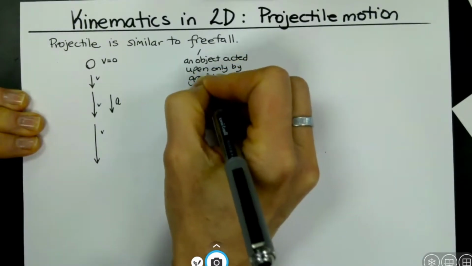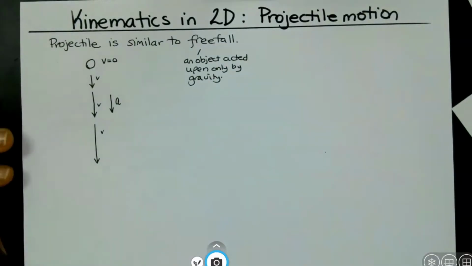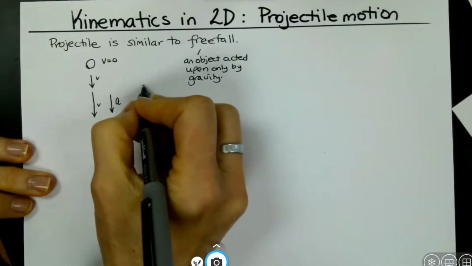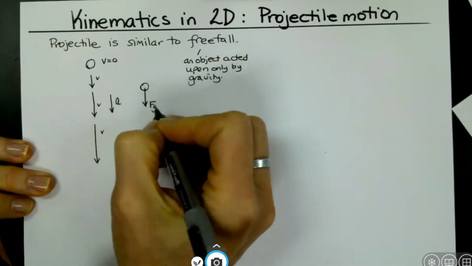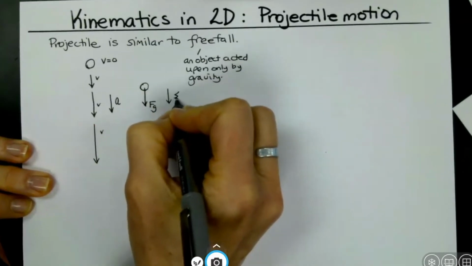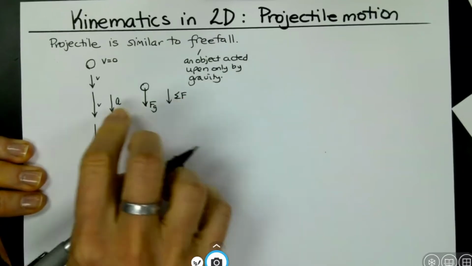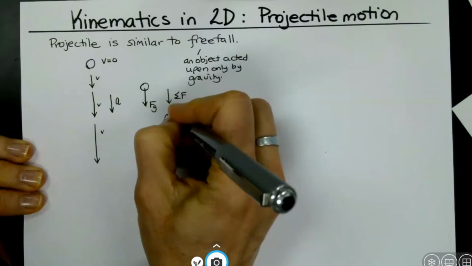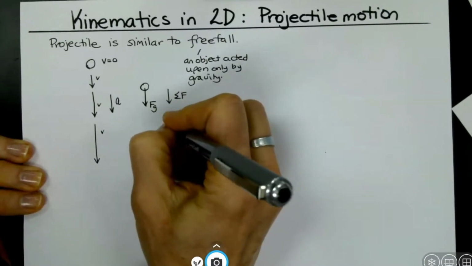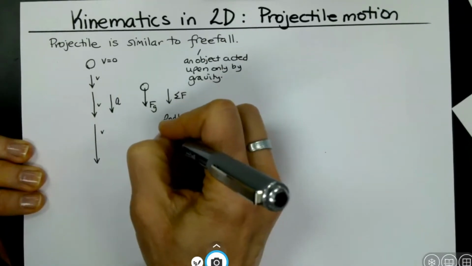All right, great. So we know that this object only has gravity acting on it, which means it has a net force downward, which explains why the acceleration is downward, because Newton's second law says that F and a have to point in the same direction.